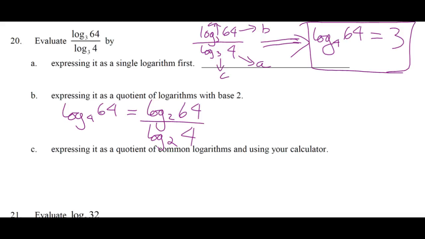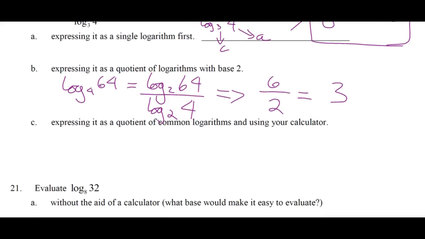So base change formula says I want to change from base 4 to base 2. So I write log base 2 of the value over log base 2 of the base. Now, 64 is 2 to the what? 2 to the 6th. 4 is 2 to the what? 2 squared. 6 over 2 is 3.